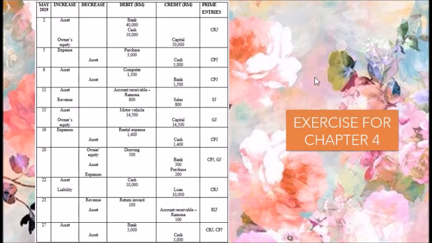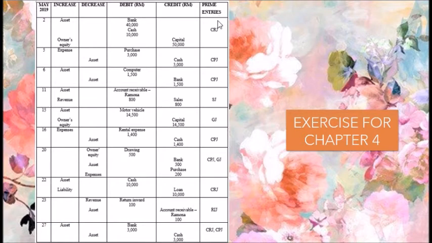This is the answer for the chapter 4 exercise that we have discussed, which I'll be using to explain the format in chapter 5. I have also shared the chapter 5 format with you in Google Classroom. You can look at the difference between the chapter 4 format and the chapter 5 format.